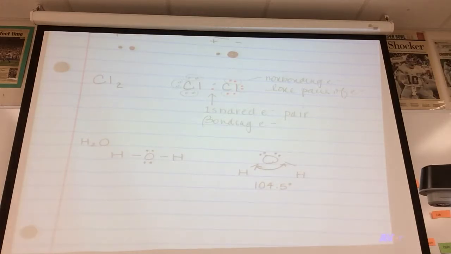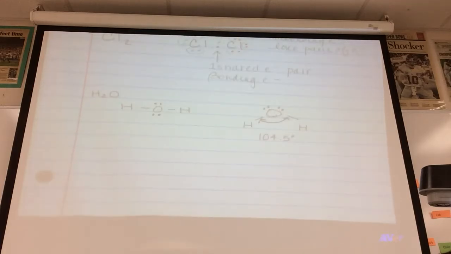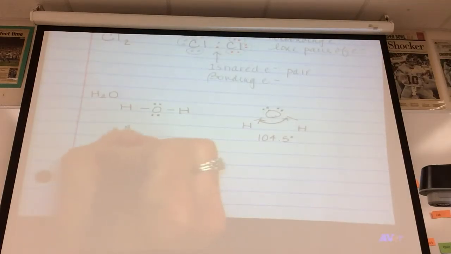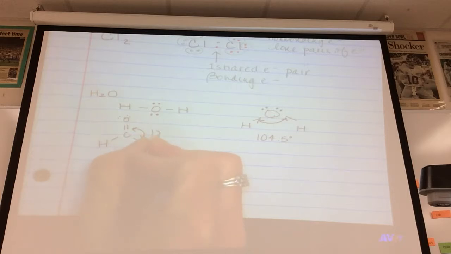Your 120 would be trigonal planar. Maybe something like this. That would be 120, but we'll get into all of this as the week goes on.